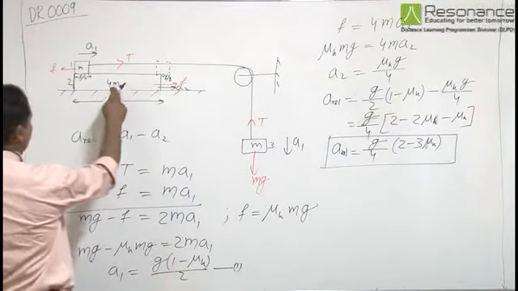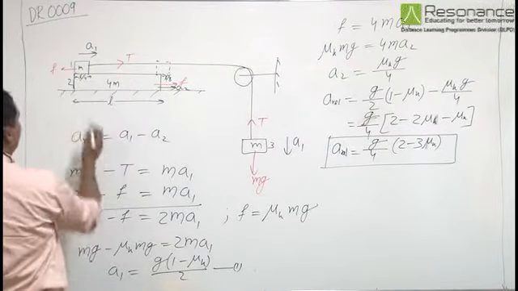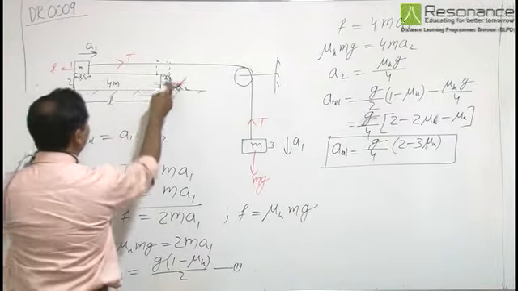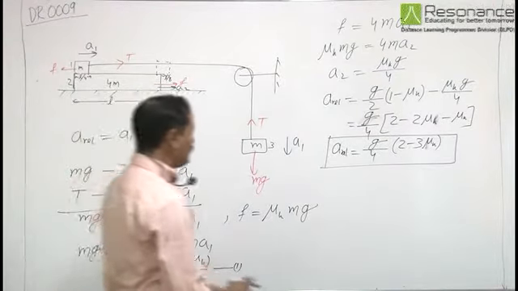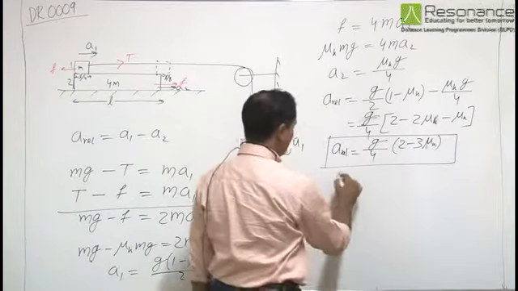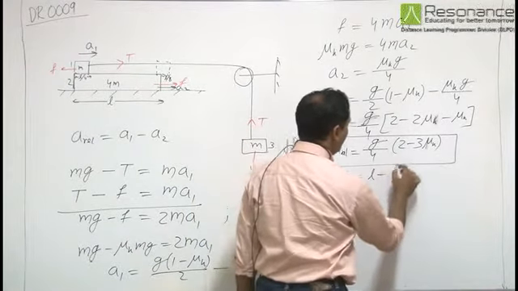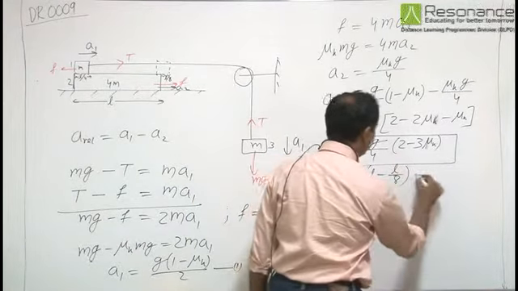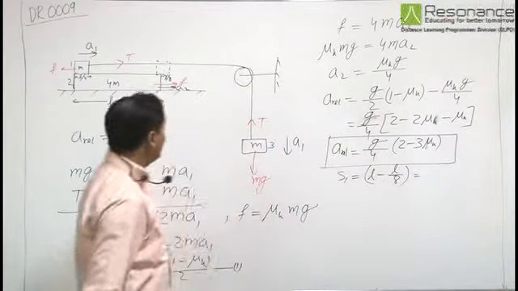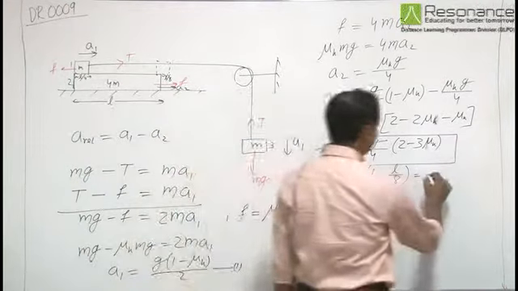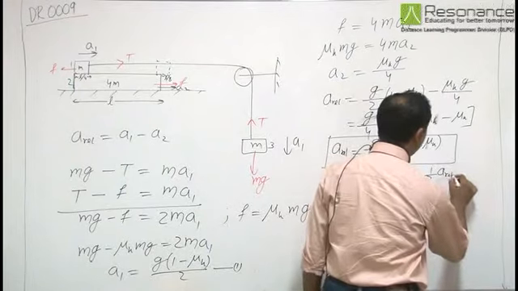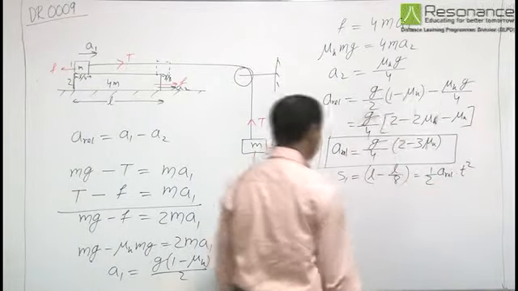Now, with respect to block 2, block 1 moves a distance of L minus L by 8. So the distance travelled by 1, S1, is equal to L minus L by 8. Let the time taken be t, so this is equal to half a relative into t square.